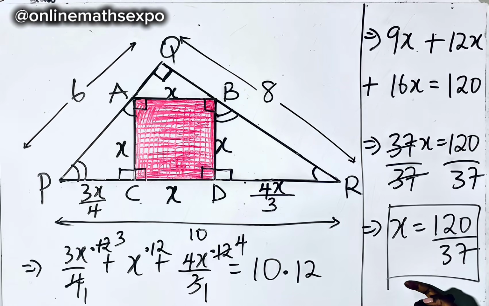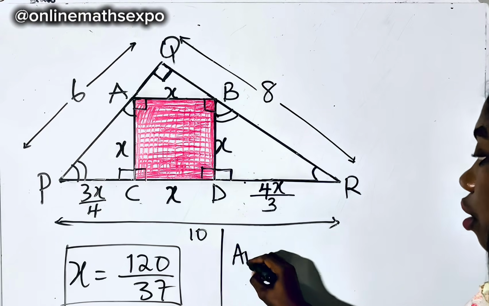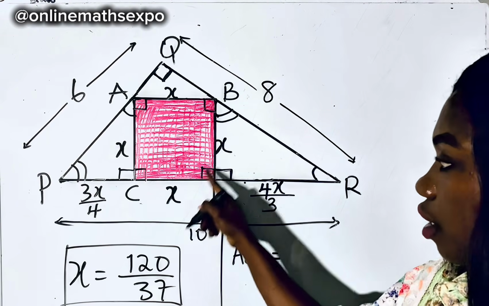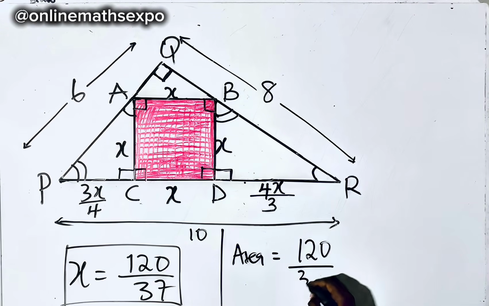Now that we have found the value of x, we can quickly get the area of the square. Let's do that together. To find the area of the square, it is x squared. So we have 120 divided by 37, squared.